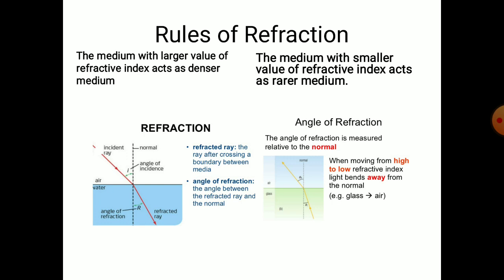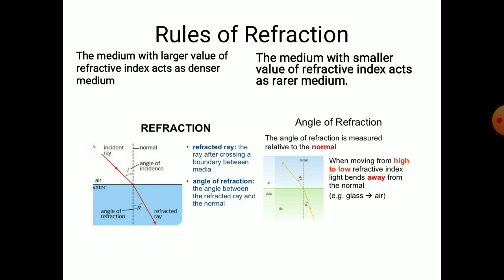If we draw a perpendicular at the point where the incident ray strikes the interface separating the two media, that perpendicular is known as the normal, which is shown in the diagram. Now, whether the ray of light will bend towards the normal or away from the normal depends on from which medium to which medium the ray of light is traveling.